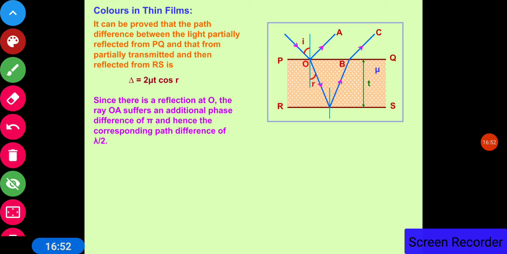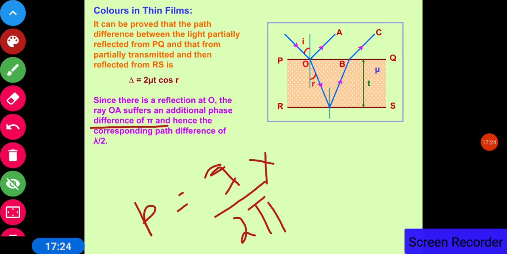Now this you have studied in class 11, that on reflection the ray suffers a phase difference of pi. You know that path difference is equal to lambda upon 2 pi into the phase difference.